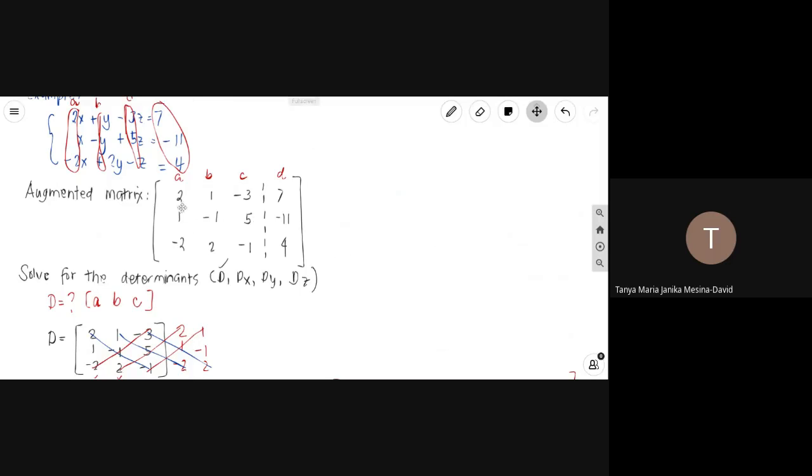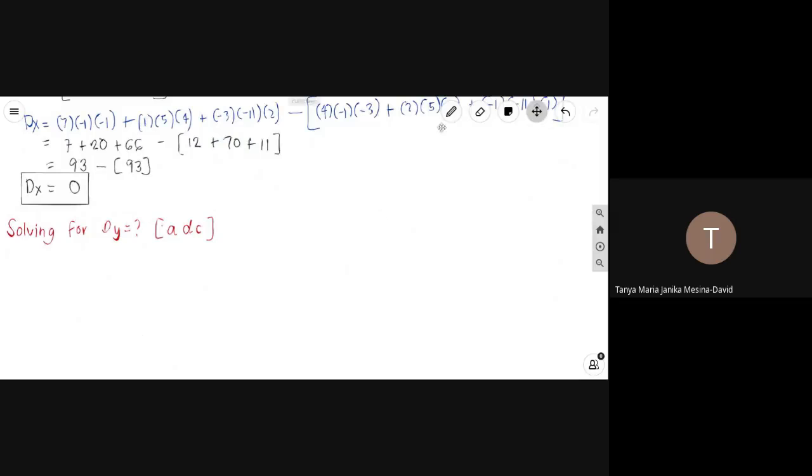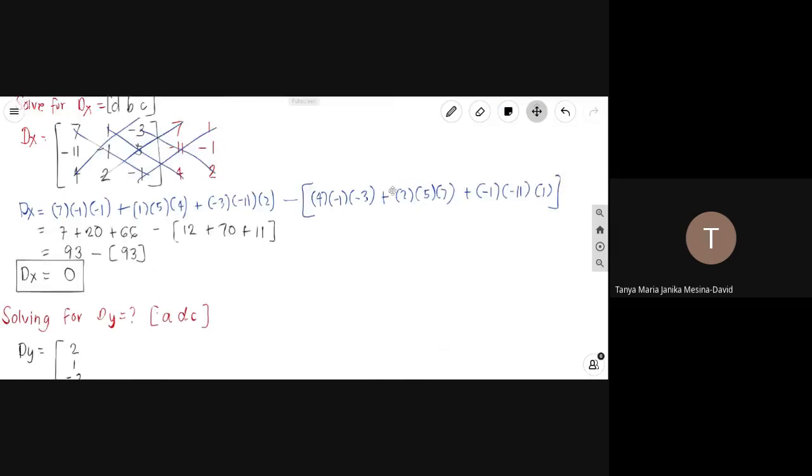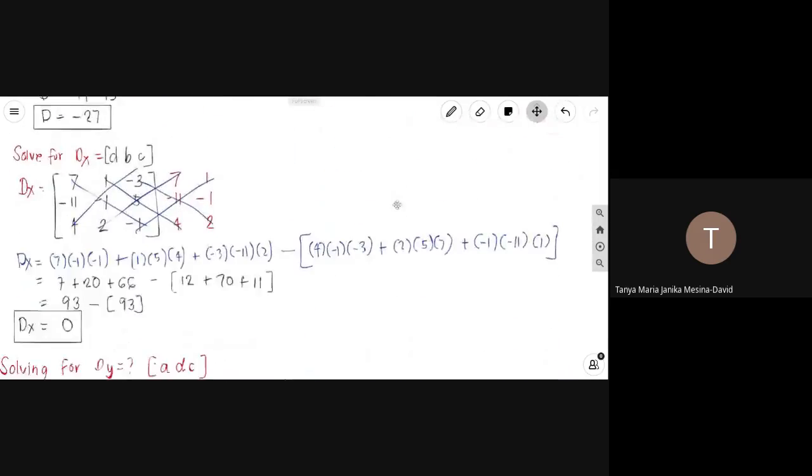A is 2, 1, negative 2. Then we have D, 7, negative 11, and 4.